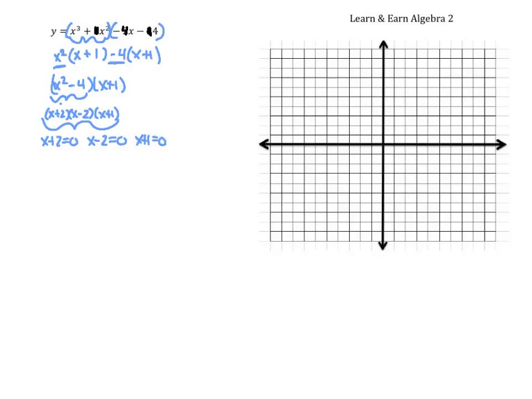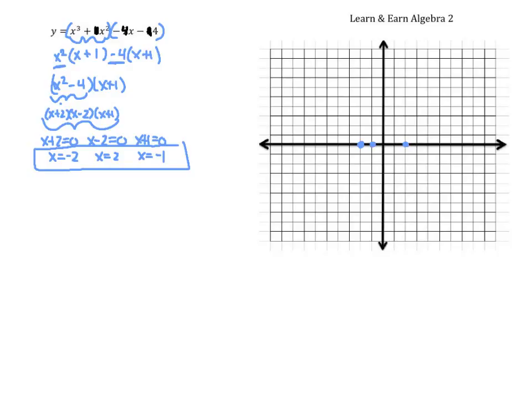Now I solve for x, and here I get x equals negative 2, x equals 2, and x equals negative 1. These are my x-intercepts. So to graph it, I put one at negative 2, positive 2, and negative 1.